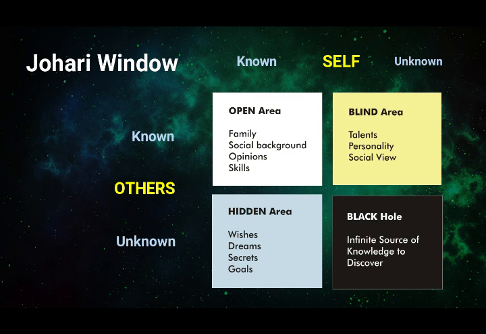Going ahead, I would surely want to make you all go through these two exercises. The first is about understanding your layers of conditioning. The second is about this Johari window, where you try to identify the areas of known and unknown that you are carrying.